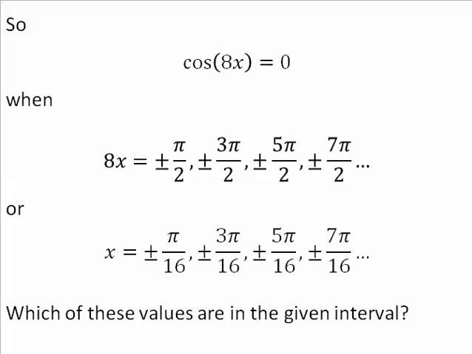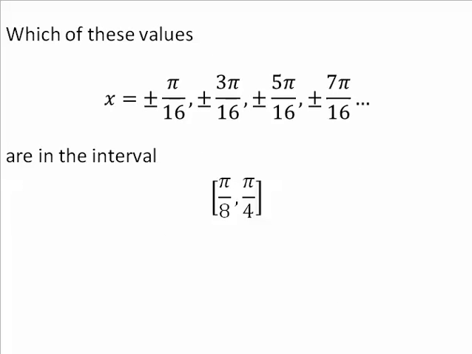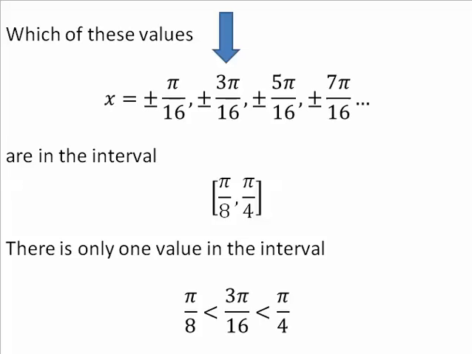So which of these values are in the given interval? Well, we have to go back and look at the interval. Which of these values are between pi over 8 and pi over 4? Well, the positive value of 3 pi over 16 is between pi over 8, which you know is 2 pi over 16, and pi over 4, which you know is 4 pi over 16.